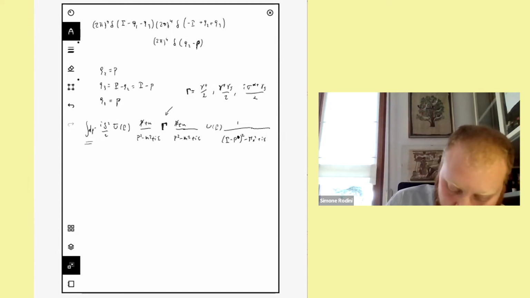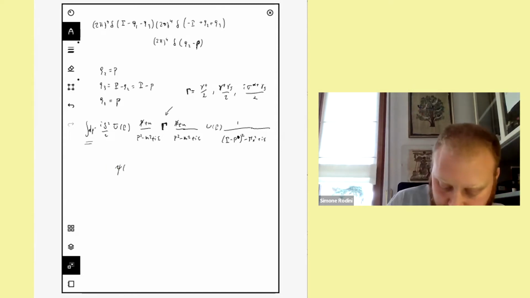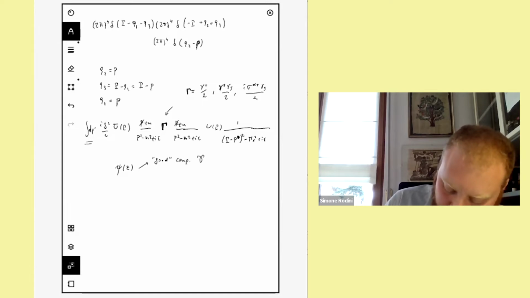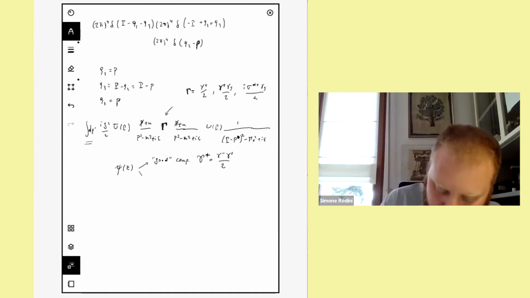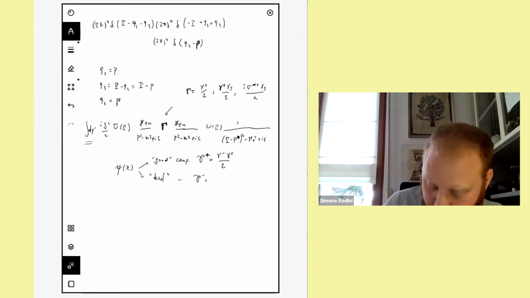In light front quantization, if you have your spinor fields, let's say psi of z, you can project out the good component by using a projector P plus, which is gamma minus gamma plus over 2. And the bad component is projected out using P minus, which is gamma plus gamma minus over 2.